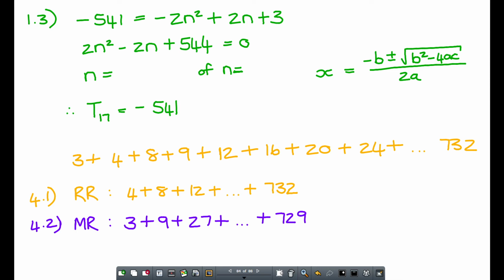Oh nee, ek het met minus gewerk. Ek het als aan die ander kant gevat. So minus 541 and then minus 3. So ja, dit is net 'n minus daar.